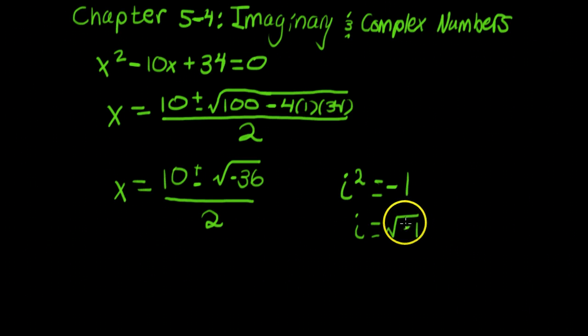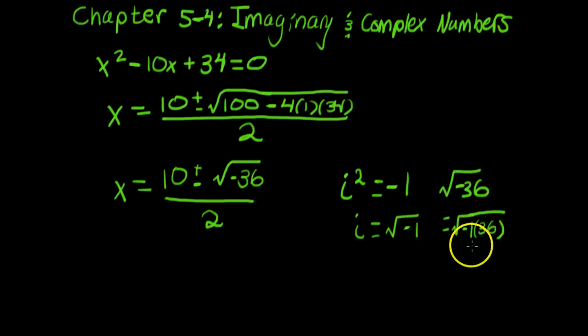So the number root negative 36 can be rewritten as the square root of negative 1 times 36, and now we can distribute this radical over multiplication. We know the square root of negative 1 is just i, and the square root of 36 is 6, so we're going to call this 6i.